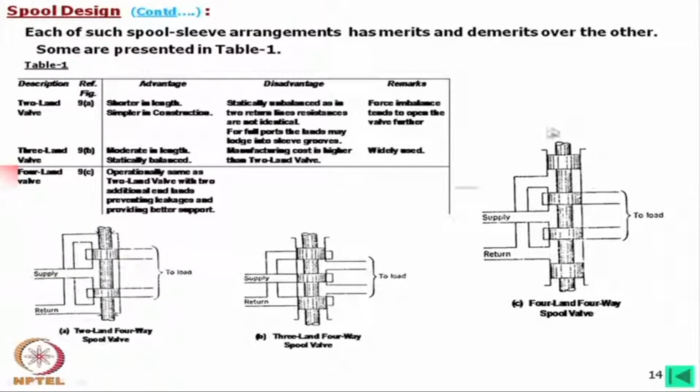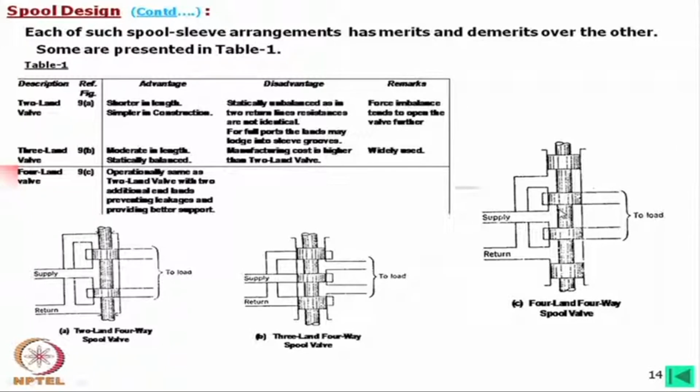Now, if I consider the last one, that is the 4-land and 4-way, then operationally it is the same as the 2-land valve with 2 additional end lands, preventing leakage and providing better support. So, if we have to compare, then we can compare this one with this. In that case also this is open, directly flow is coming to the spool.